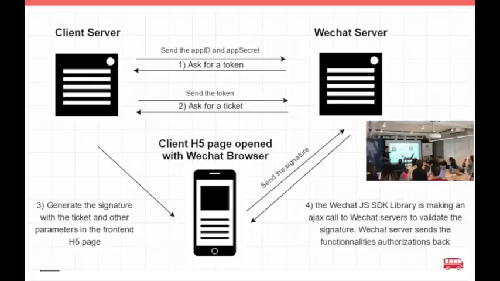Why? Because those 2 calls you're gonna do to the WeChat server are limited. You can only do 2,000 calls per day. So for instance, if you have a campaign, creating an application that will be accessed by more than 2,000 people per day, and you don't have a caching system, a system that stores your token, the first 2,000 people will access your functionality, but the 2001st person and after will not.